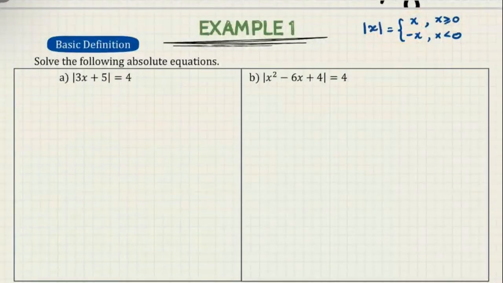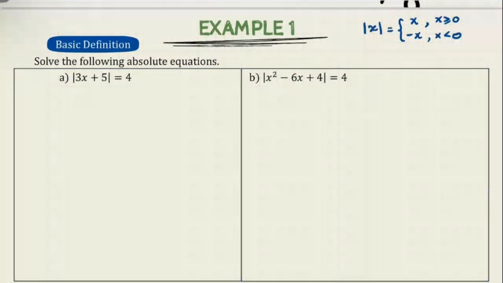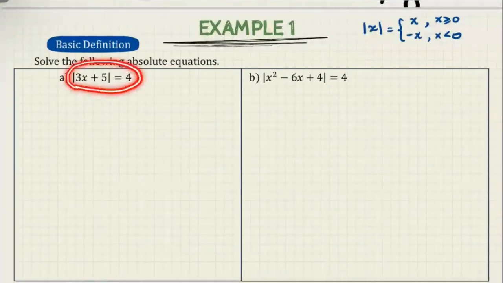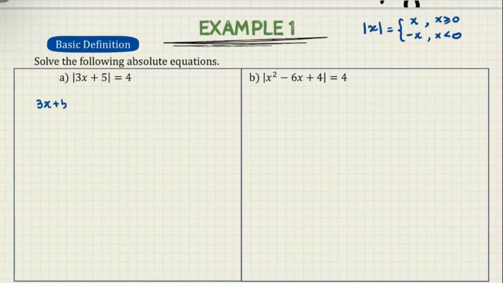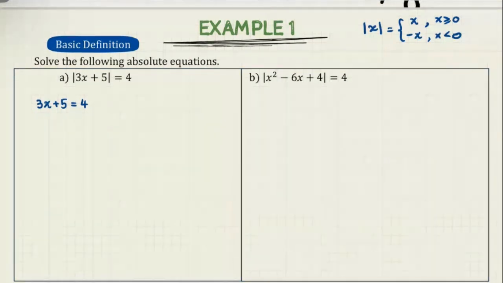So untuk first step adalah we are going to separate this equation kepada 2 menggunakan basic definition. So the first one, it will be 3x plus 5 equals to 4. So tadi tengok dalam ni x.